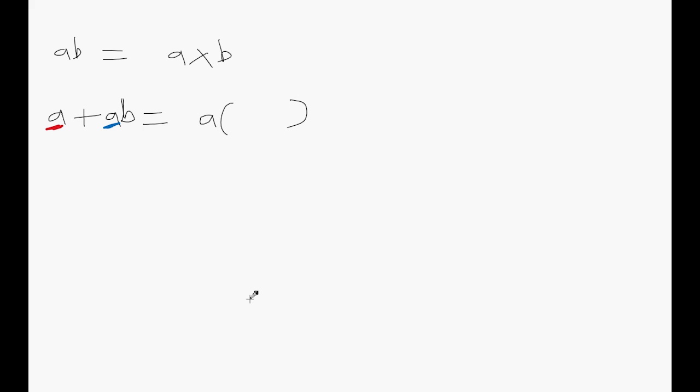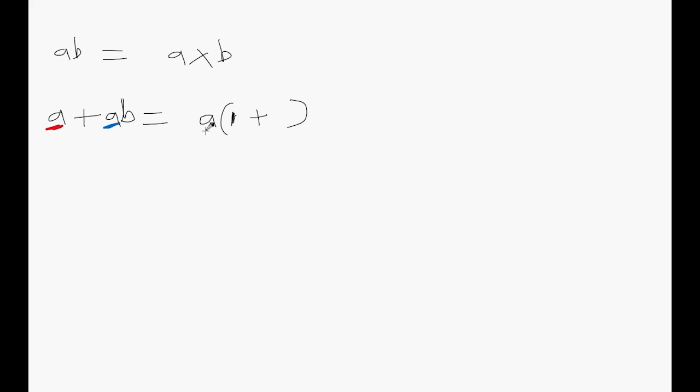Now the goal is to find what we would multiply by A to get back the first term, which is A right there. And if you haven't guessed it, that's just 1. A times 1 gives you A. And remember that there's a plus sign here, so you would maintain the plus sign.